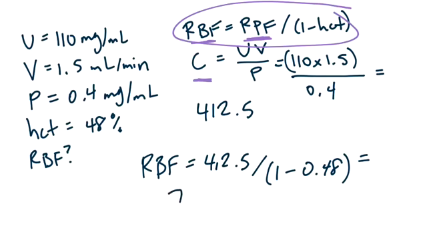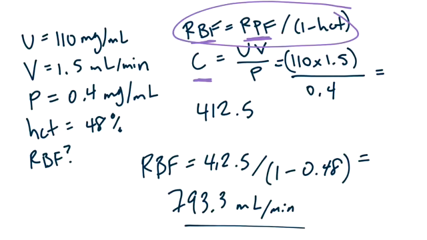And this gives us 793.3 milliliters per minute. In other words, 793 milliliters of blood pass through the afferent and efferent arterioles every minute.